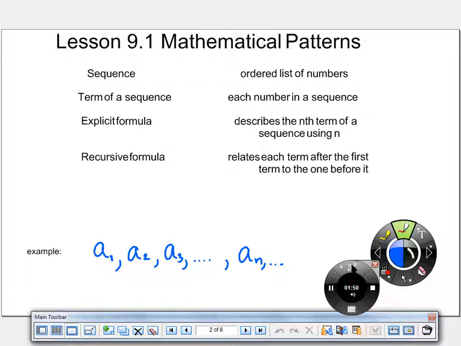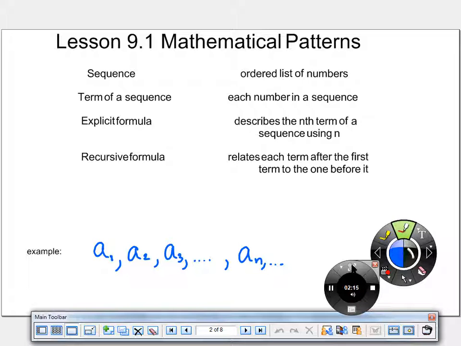The little subscripts attached to the A are to differentiate which one we're talking about. So this right here, somebody would call this mathematically A sub 1, like with a subscript of 1. But you know how mathematicians, everything's abbreviated or there's symbols. So this is A sub 1, and that means the first term. This is A sub 2, and that means the second term. A sub 3, that means the third term.